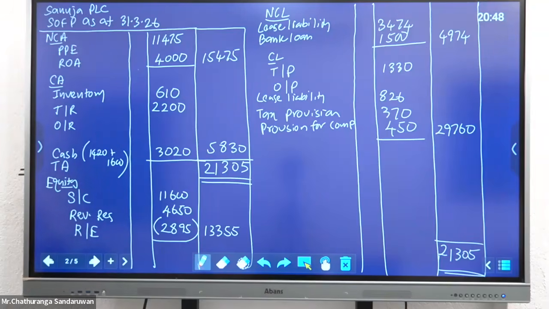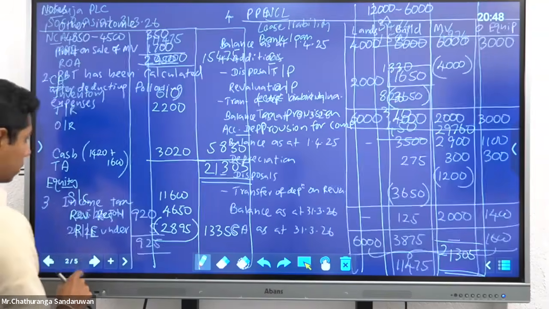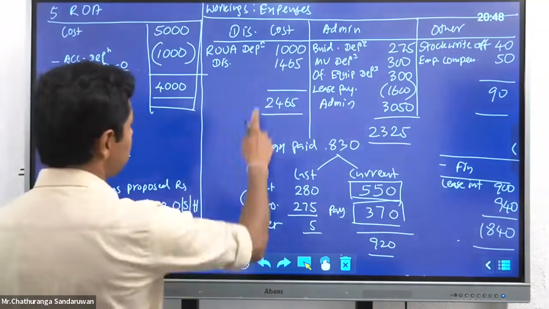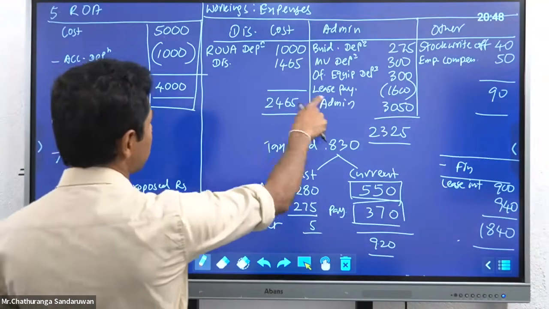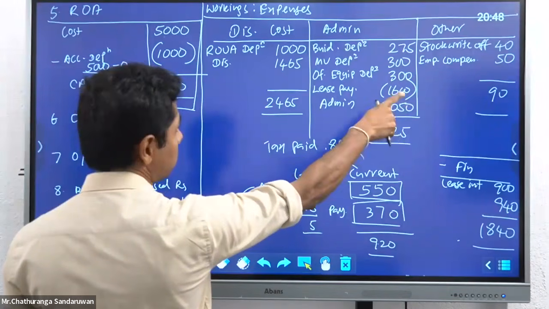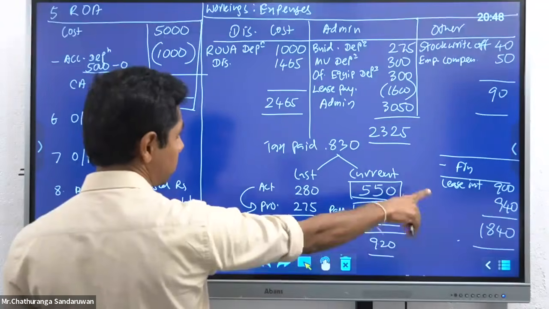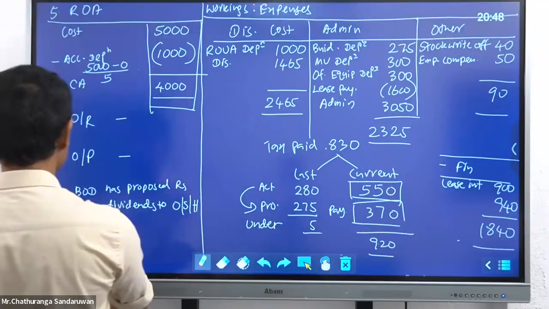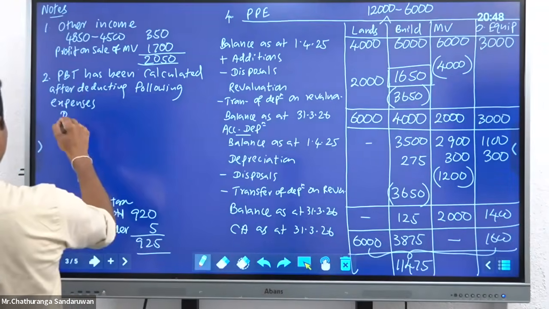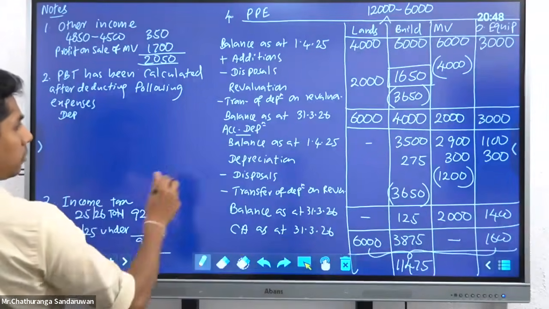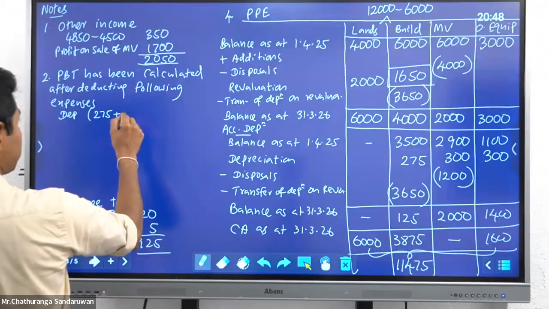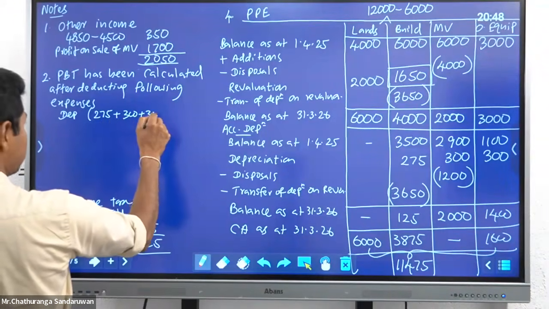All right. And then you have to complete the note number 2. For that, you have to write the depreciation, then stock write-off, employee compensation, finance cost, right? Depreciation, it was 275 plus 300 plus 300.